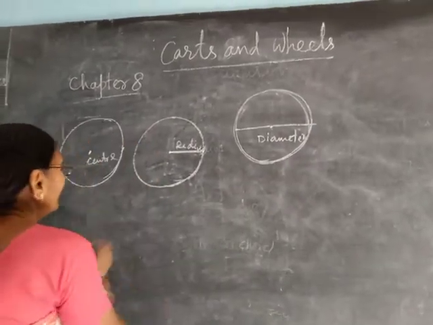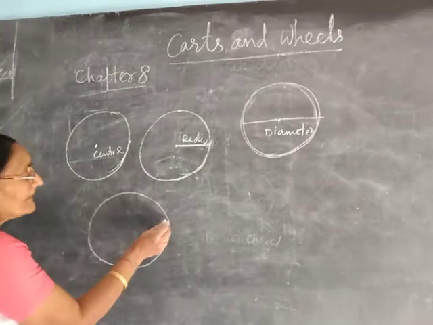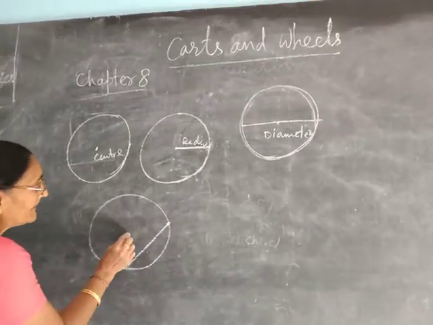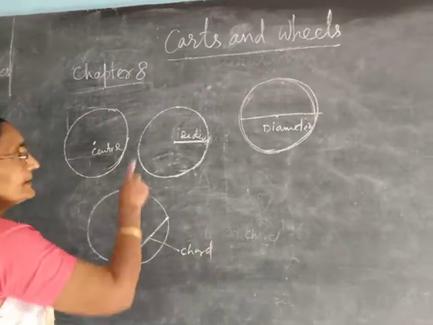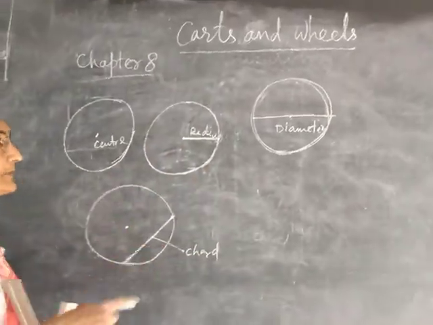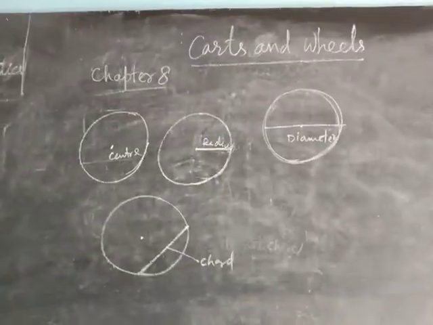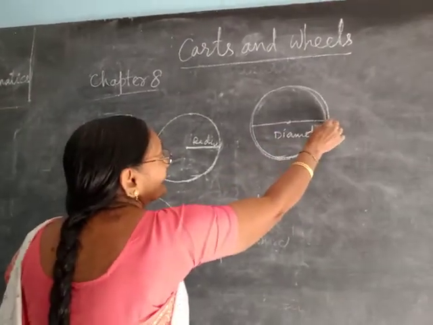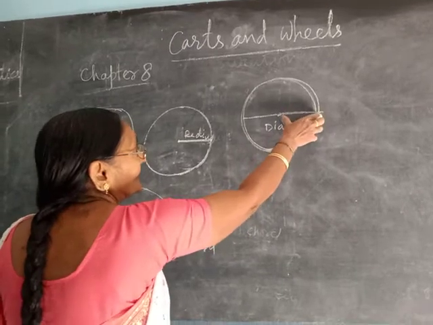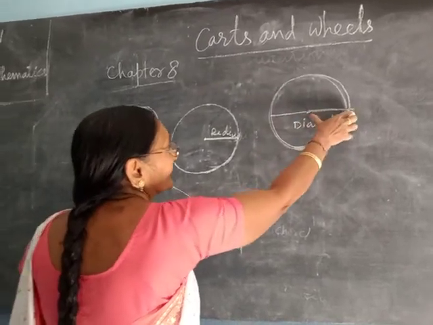Then this is called a chord. Do you understand? These are the parts in the circle. From the center to any point of the circle is called the radius. This is one radius and this is another radius.